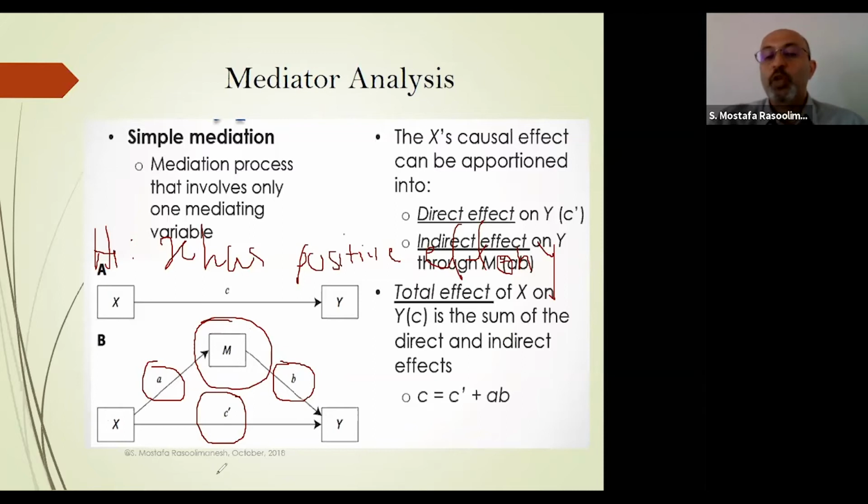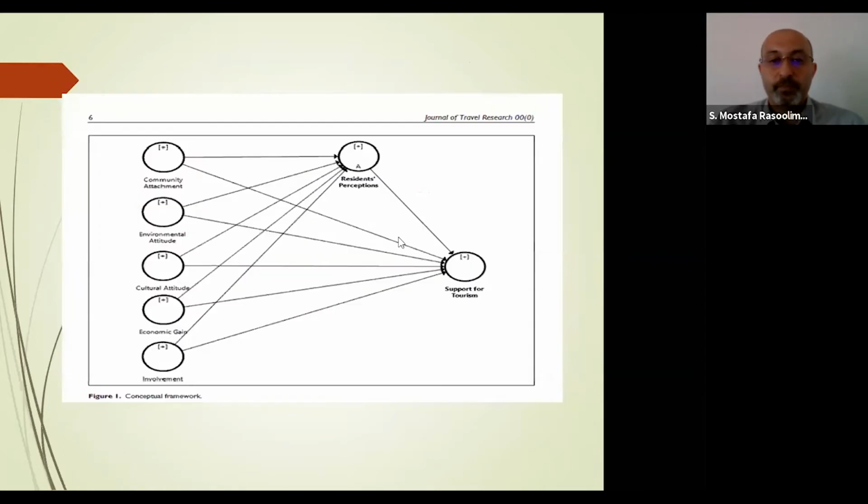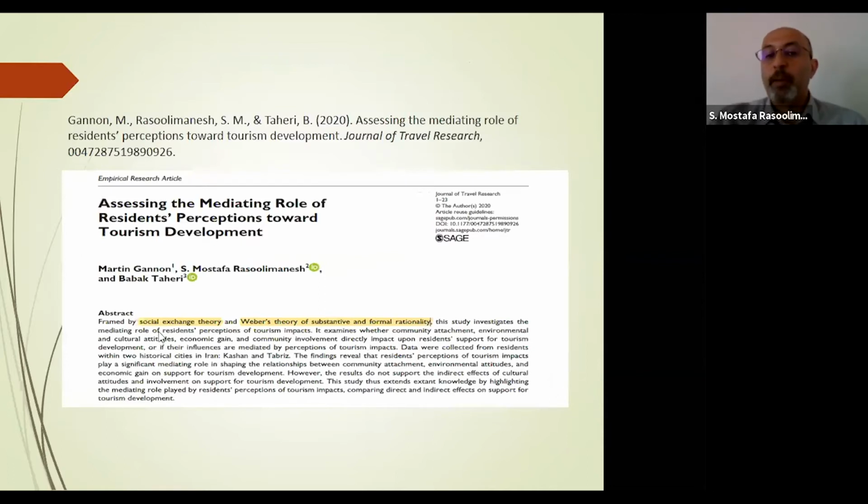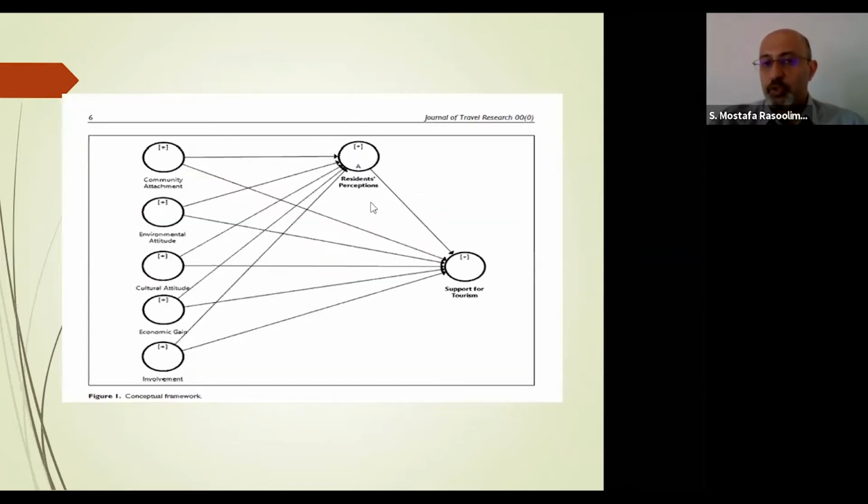For example, if you look at this paper, in this paper we apply two theories, social exchange theory and Weber's theory of rationality. So when we want to hypothesize the mediation role of resident perception, we support the relationship between community attachment and support based on Weber's theory, or based on social exchange theory.